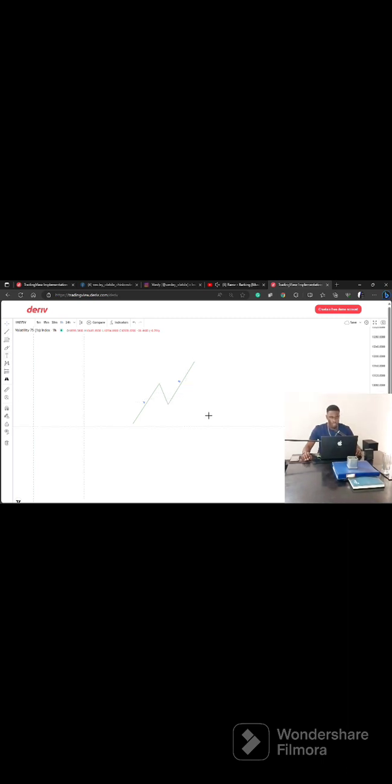So what do we mean by this? An uptrend is when price is making higher highs and higher lows, correct? Great, guys. That is an uptrend. It is when price makes a higher high, which is point A, then retraces or breathes, and then goes higher than the previous high, which is point B, right, guys?